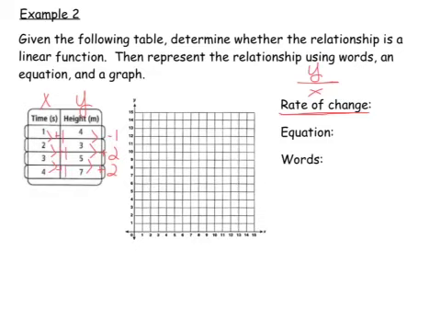If you find the rate of change, we have negative 1 over 1, 2 over 1, and 2 over 1. Are all 3 rates of change equal? This one is not equal. Because we don't have a constant rate of change, it is non-linear.